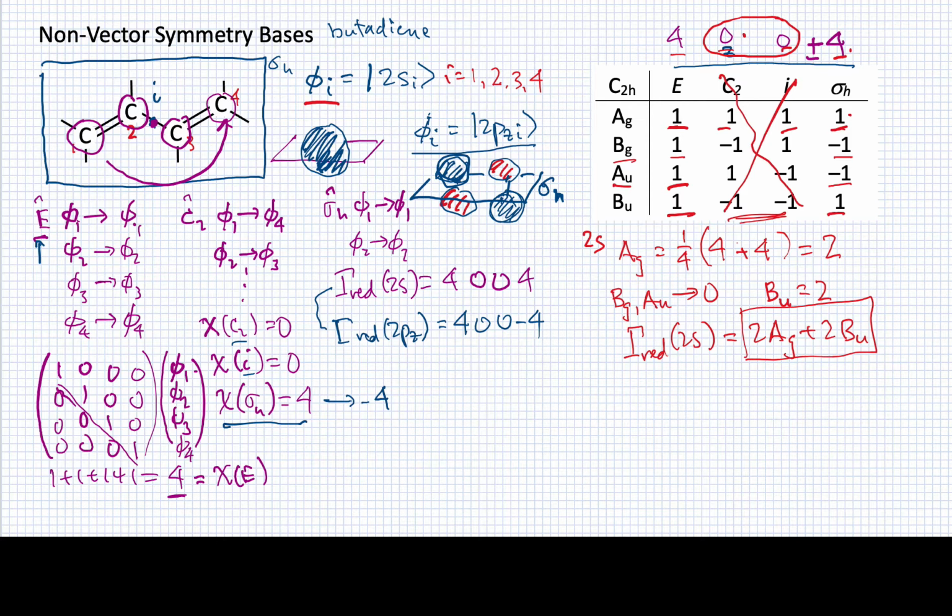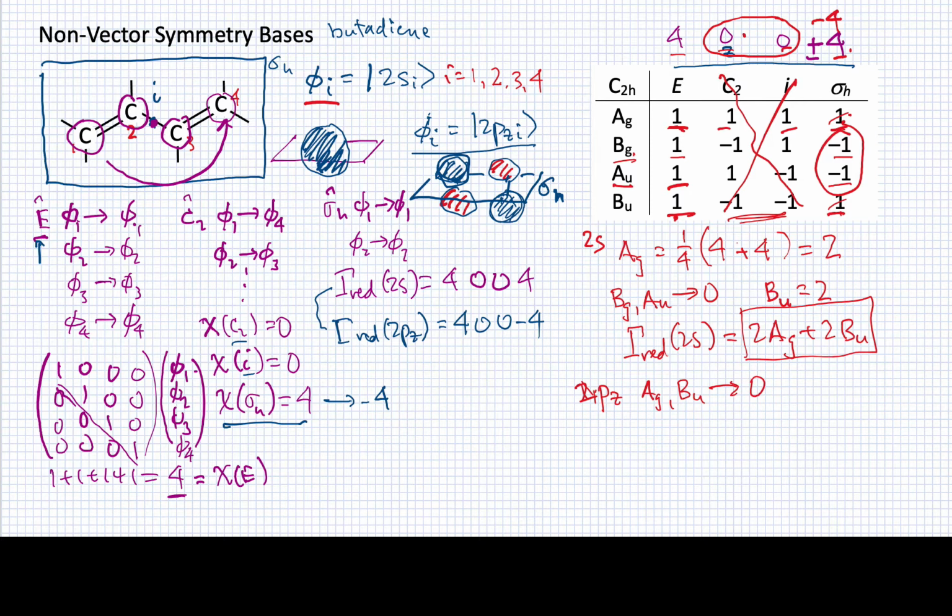All right, what about for the 2pz? Okay, in this case, we're going to have an opposite effect because I've got a -4 up here for the second character. It's going to eliminate when I get to these two rows, but it will reinforce when I have these two rows. In other words, I'm going to have 4 over here anyway. Ag and Bu are going to have 4 minus 4 and 4 minus 4, so these will both end up being zeros.